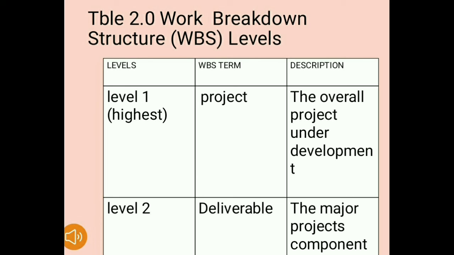The Table 2.0 Work Breakdown Structure or WBS labels. Level 1, highest. WBS term project description, the overall project under development. Level 2, WBS term deliverable description, the major project components.